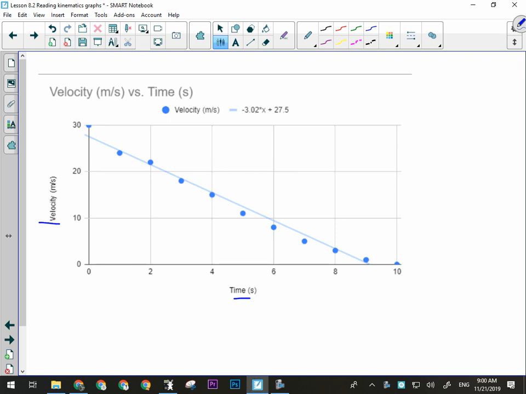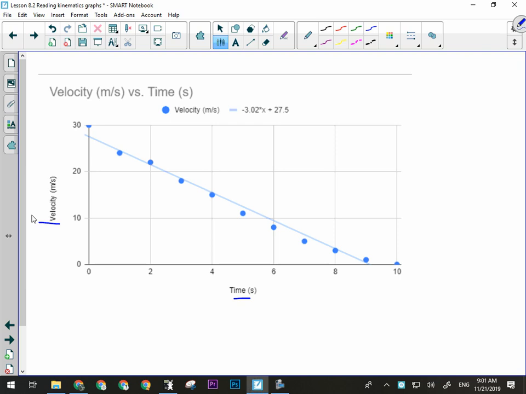Okay, we can also calculate acceleration. We can calculate acceleration because that's the rate at which velocity changes over time. And anytime we're looking at the rate of change of y over the rate of change of x, we're calculating the slope. Okay? The change in y divided by the change in x is always going to give us the slope of the line.